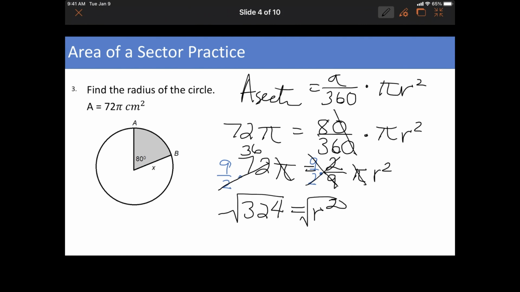So I'm going to take the square root of 324. That gives me 18. Perfect. And the answer is centimeters. Right. There you are. So this is area of a sector.